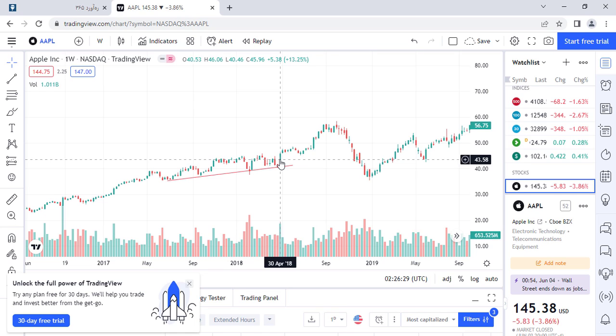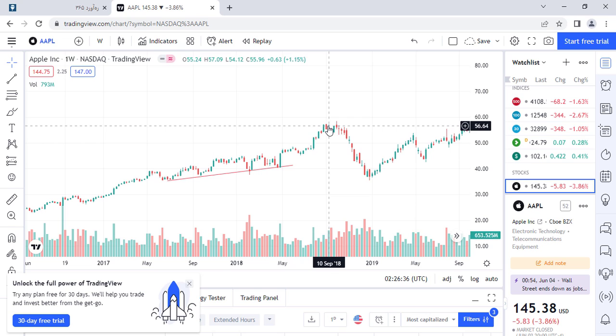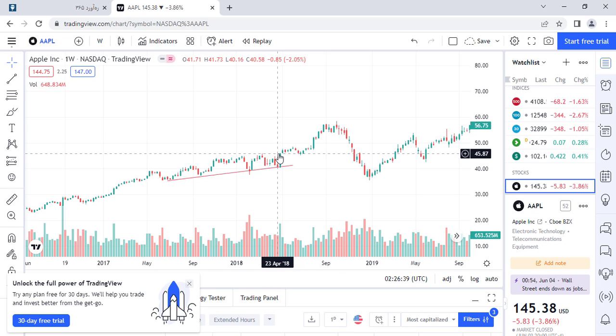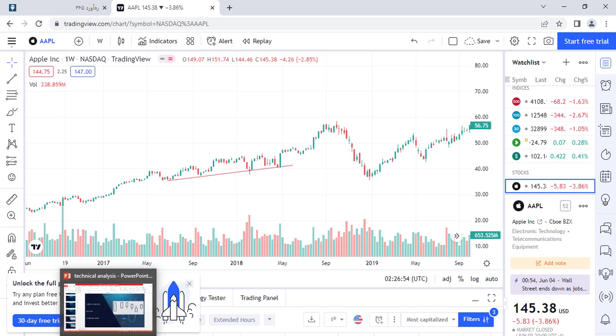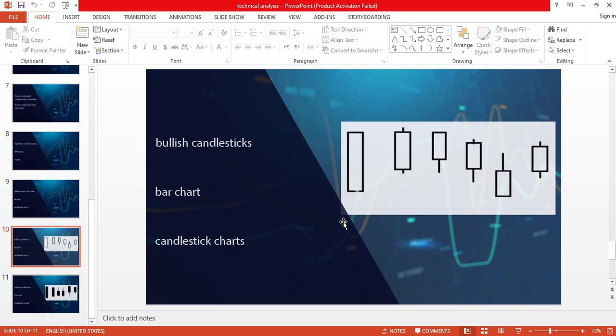Its price will increase, and you can see that the prices started an increasing movement till here, from $45 to about $55. The prices has increased. This is the most powerful candle.